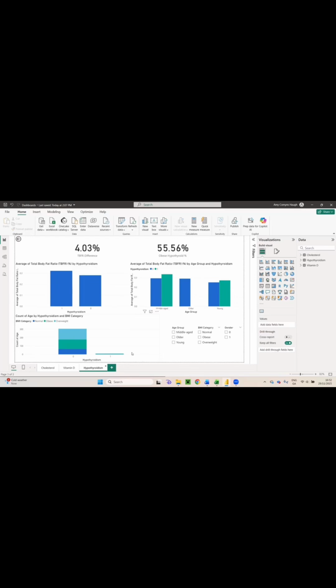And then my third chart is the average of total body fat ratio by age group and hyperthyroidism. This demonstrates that the pattern of higher body fat in hyperthyroid patients is consistent across all age groups from younger to older adults. So in conclusion, the data reveals that hyperthyroidism is consistently linked to higher body fat across all age groups, with more than half of the hyperthyroid patients falling into the obese category.